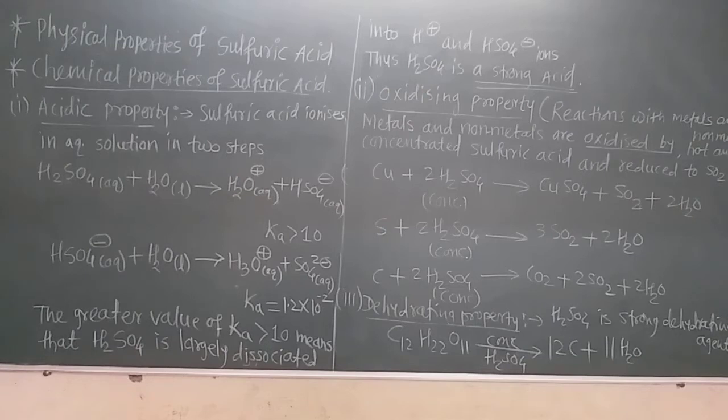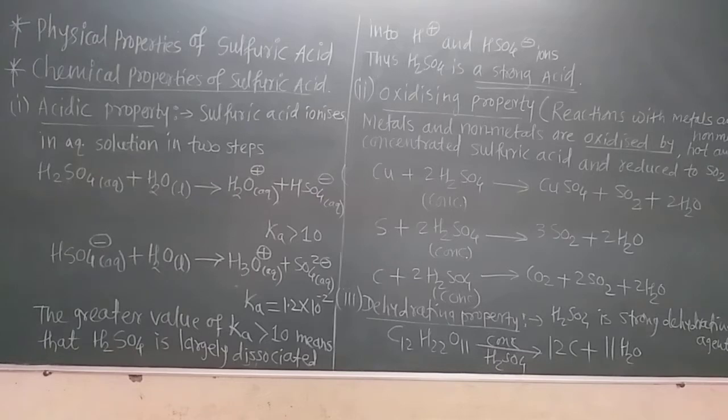The second property is it has a density of about 1.84 gram per centimeter cube. That is the specific gravity or density of sulfuric acid is 1.84 gram per centimeter cube at 298 Kelvin.